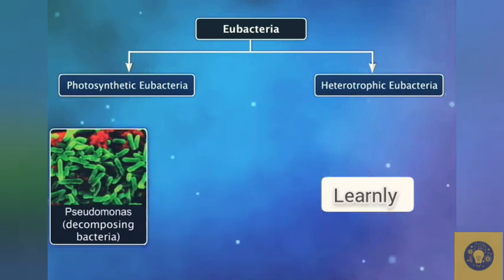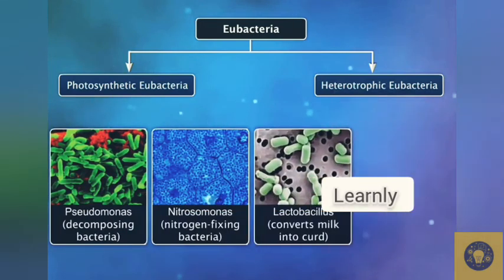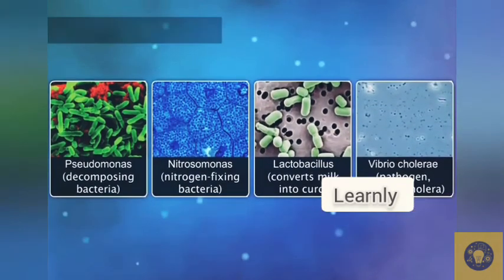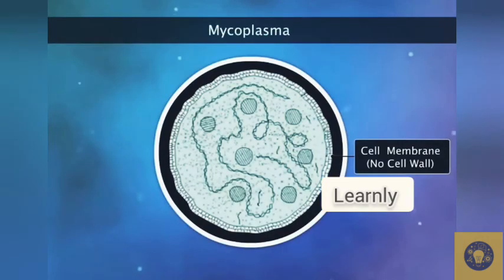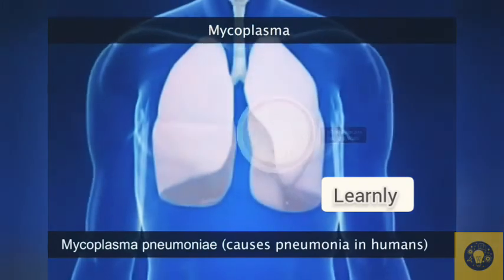Heterotrophic eubacteria are the most abundant in nature. They decompose, fix nitrogen, convert milk into curd, and act as pathogens. Mycoplasmas are a group of bacteria completely lacking the cell wall and are mostly pathogenic to humans.